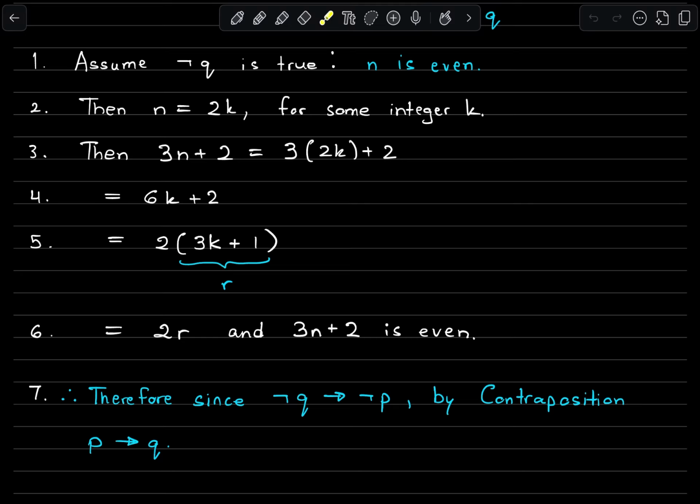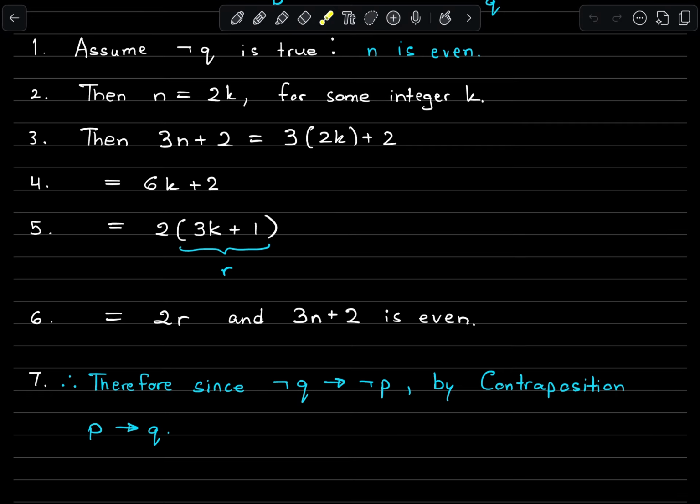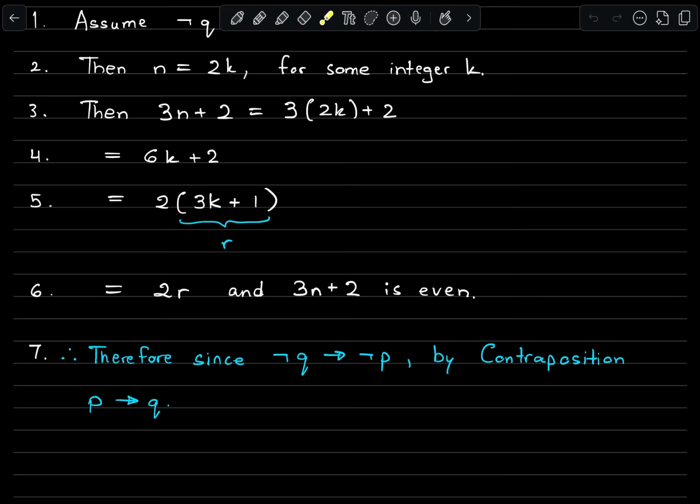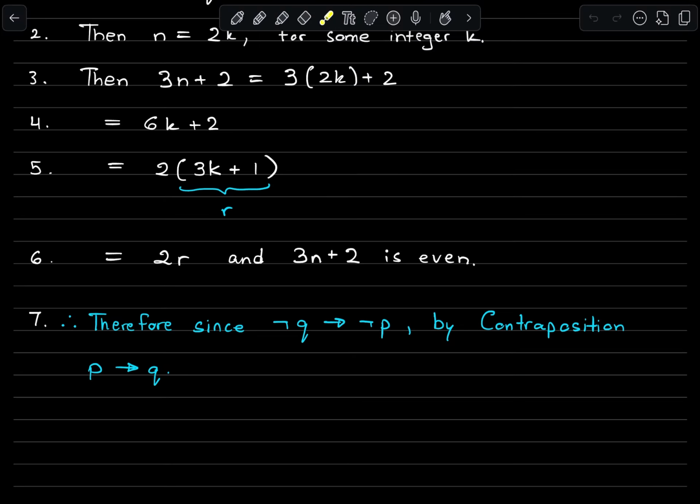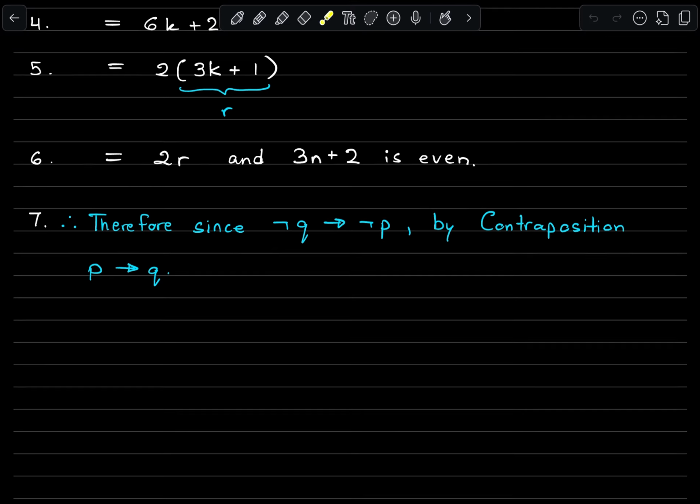So sometimes it's a lot easier to just work with the negation of something than that thing itself. And proof by contraposition allows us to make a claim about, say, irrational numbers while working entirely with rational numbers, or odd numbers when we're working entirely with even numbers, and so on and so forth. So this is a really useful type of proof method.